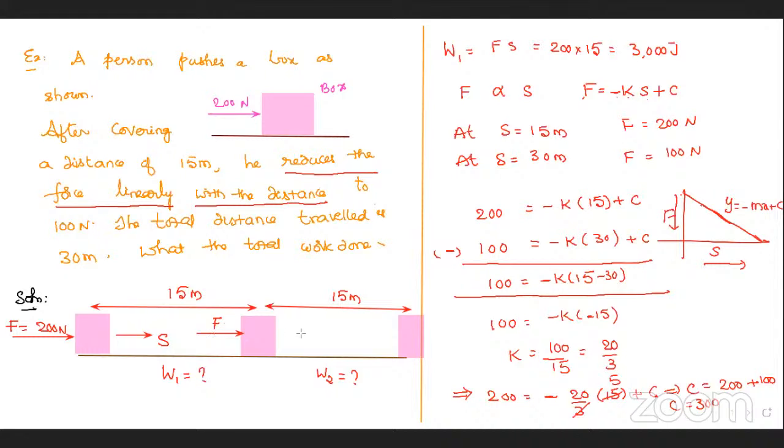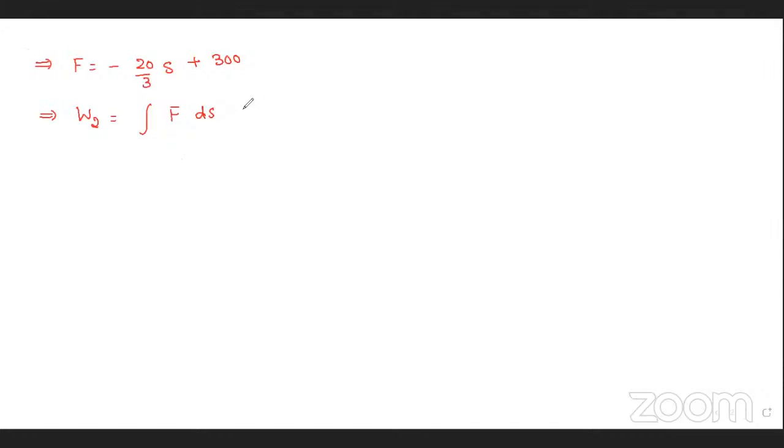Same direction, that's why in the dot product I can put cos 0. That implies W2 is the integral.